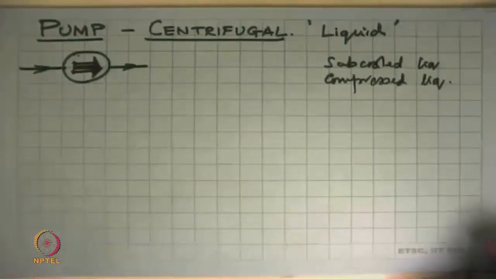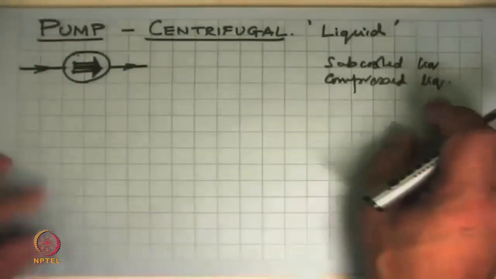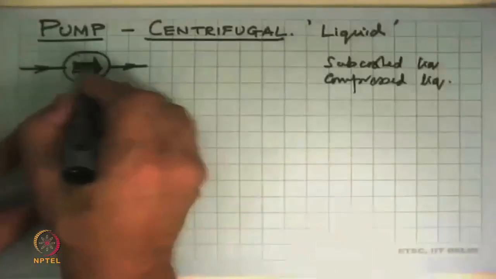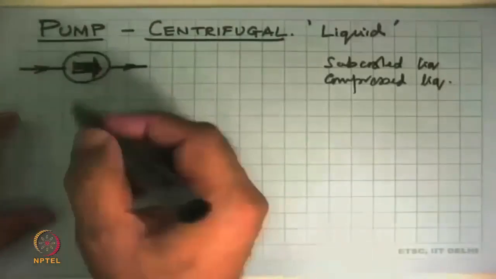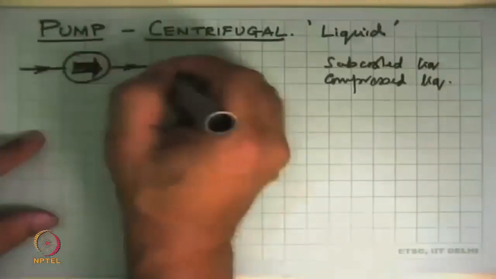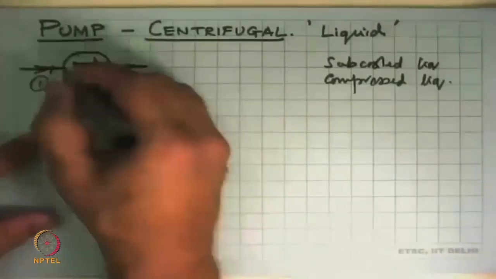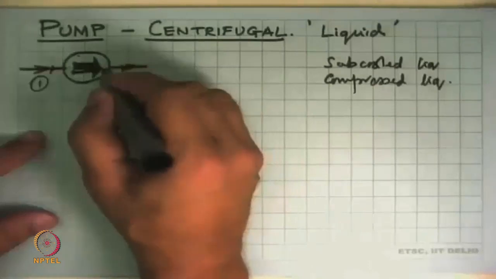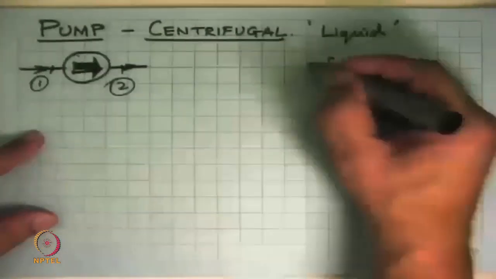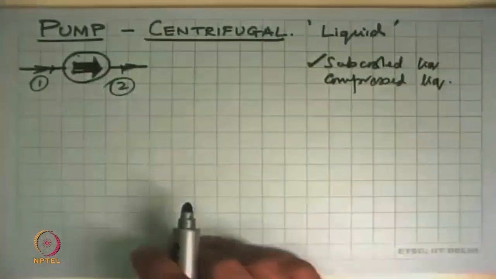And in all cases, we assume that this is the symbol for that, a circle with an arrow. This is the inlet and this is the outlet. Inlet state is 1, outlet state is 2. Throughout the process, it remains a liquid.